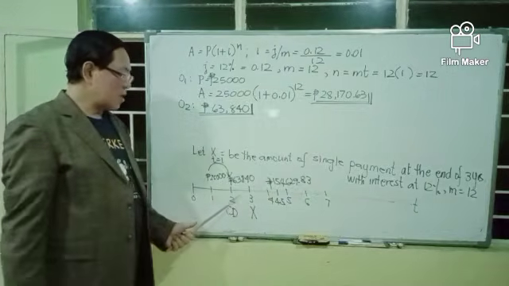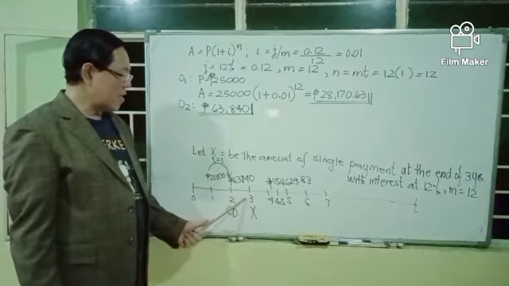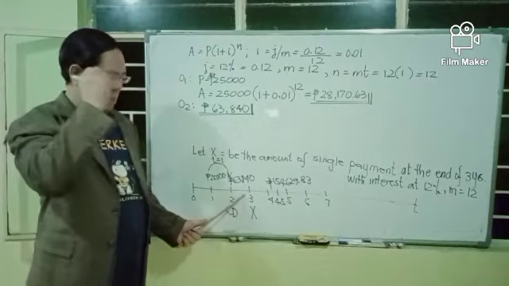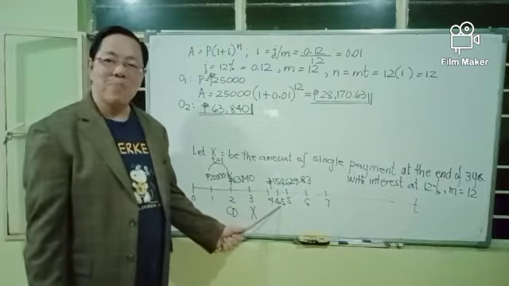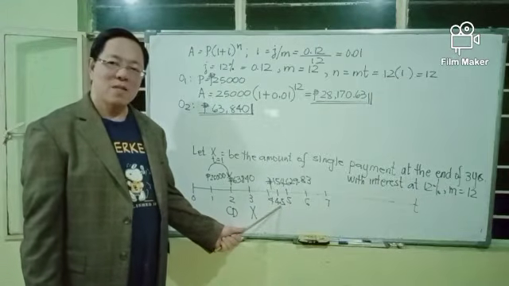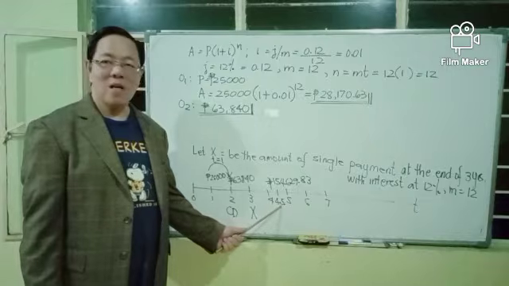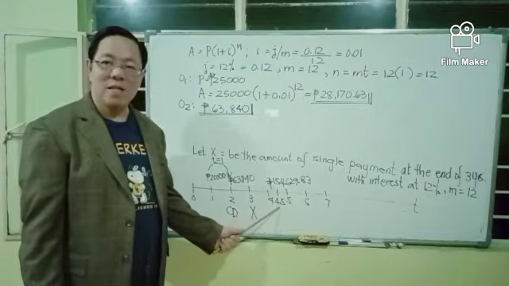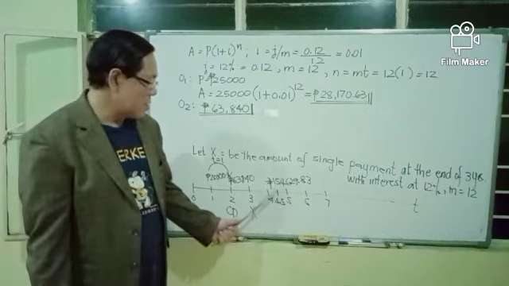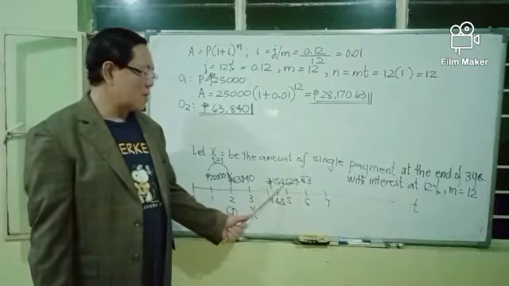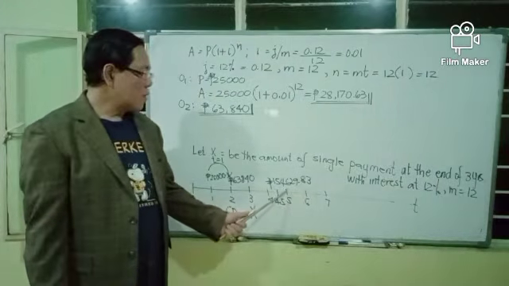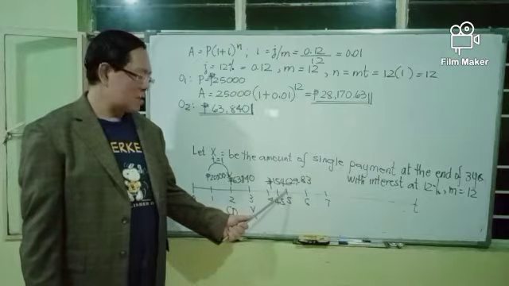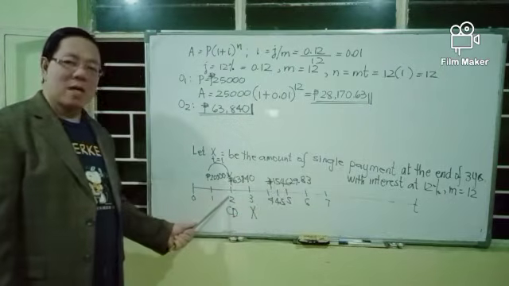Now, the third obligation is to be paid at the end of 4.5 years. And the maturity value of the third obligation to be paid at the end of 4.5 years is 154,629.83 pesos. And we will find the value of this at the comparison date.